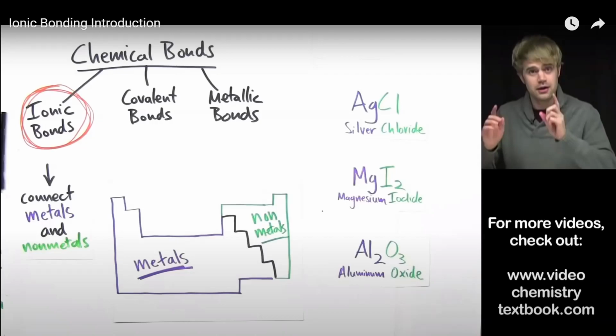All the non-metals are anions, and because they are anions, what happens to their name? Yes, they all change to ide. So when we put silver together with chlorine, it becomes silver chloride, magnesium iodide, and aluminum oxide. But what happened to the names of all the metals? Nothing, because cations don't change their names.